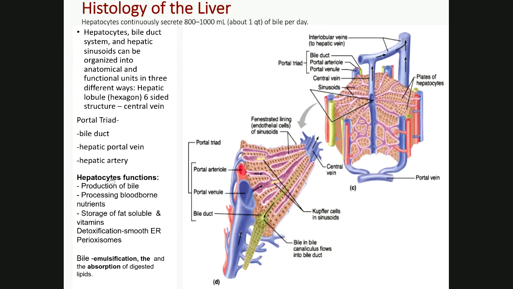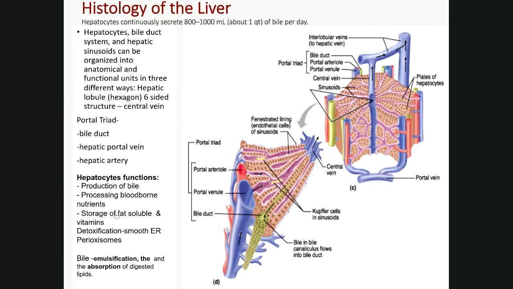The primary function of these hepatocytes is bile production. And the purpose of bile in the digestive system is it emulsifies fat, meaning it breaks it down in pieces so it can eventually be further broken down, digested and reabsorbed.